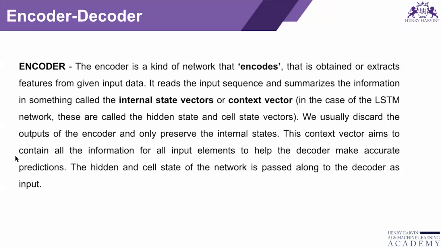We usually discard the output of the encoder, which are the words that are not important. So in the encoder part, there are two types of neural network working for back propagation and forward propagation. The encoder works using forward propagation, and the decoder will work with back propagation.